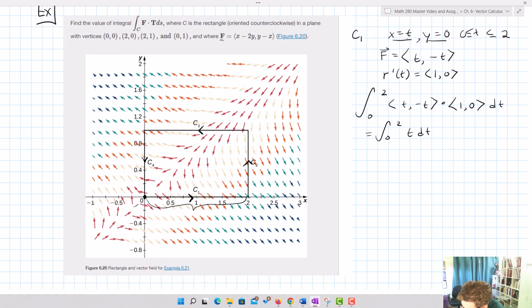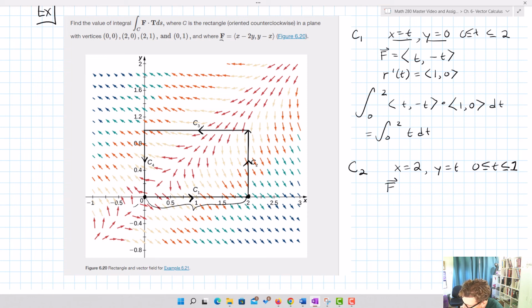Next up, we're going to do C2. We'll look at the parameterization here. We've got that x equals 2. That's going to be the constant value. y is going to equal t, and t is going to go from 0 to 1.